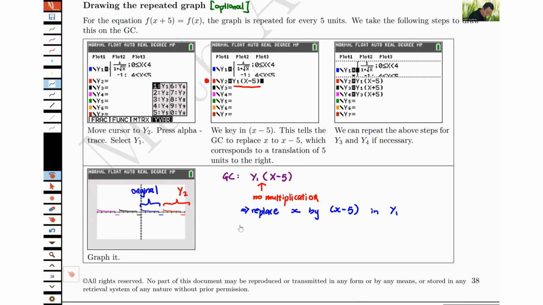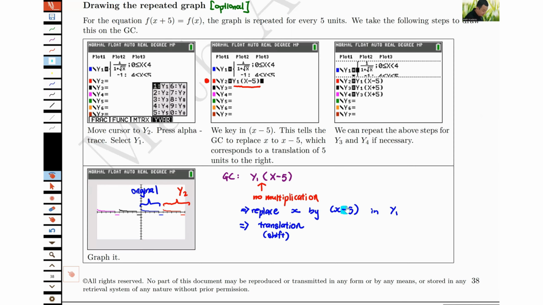And what is the effect? The effect on this will be, this is actually a translation. Translation means shifting. We're trying to shift the graph. Where do we shift? Is it shifting right or is it shifting left? The shifting is always the opposite sign of what you have placed here.